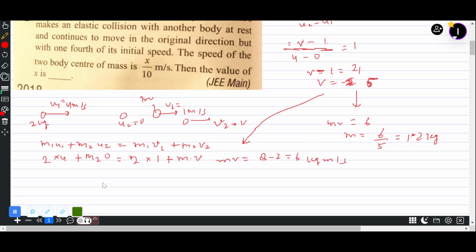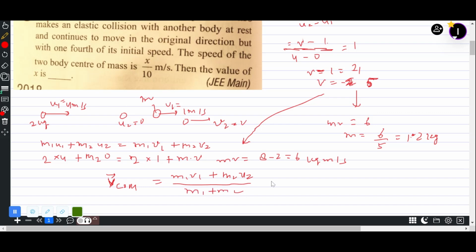So we will apply the formula of center of mass movement. Rather, I will write V com. Center of mass velocity is m1 v1 plus m2 v2 over m1 plus m2.